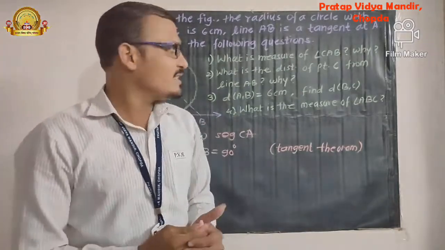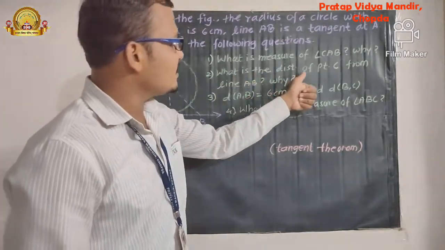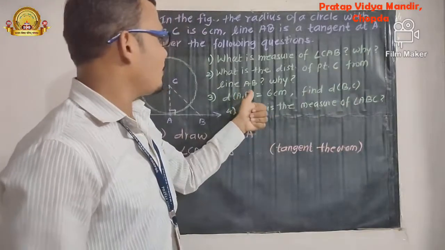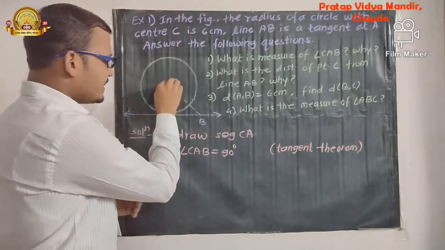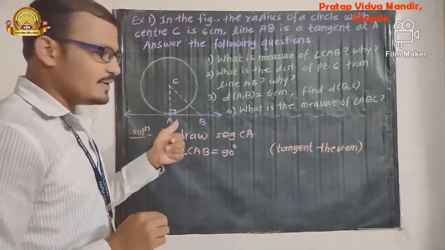Then our second question is, what is the distance of point C from line AB and why?